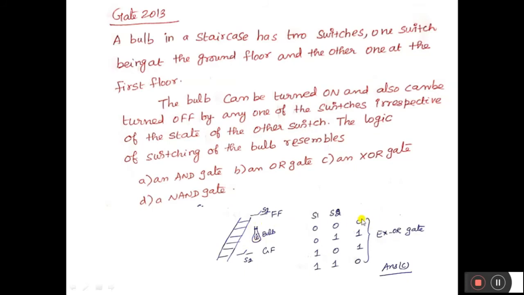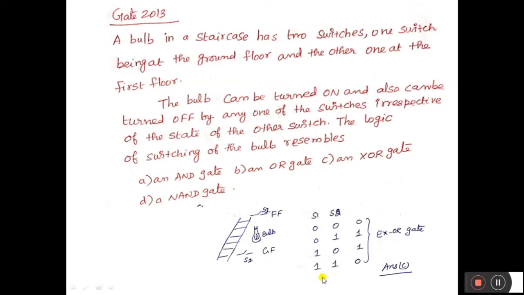So that is 0. And if I switch on S2 and switch off S1, now the bulb becomes on. So 0, 1, that is 1. Next, if I switch on S1 and switch off S2, then this becomes 1.